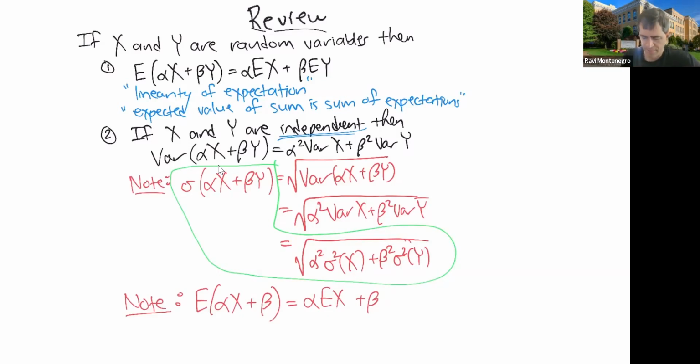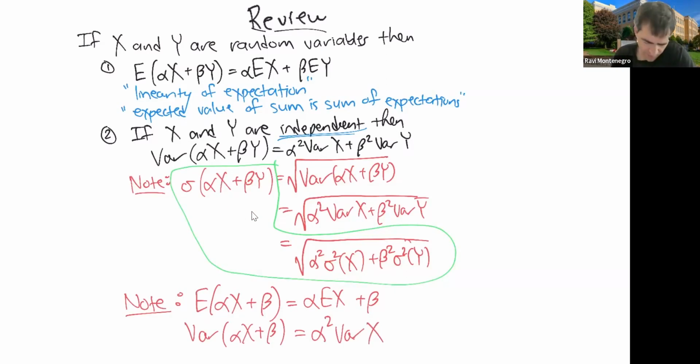But when we look at variance, you just get the alpha squared term. So the beta goes away.